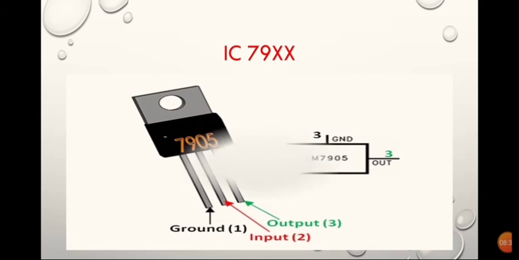This figure shows the IC configuration. It is exactly similar to the previous one. This is in a compact IC form. There are again three terminals. One is ground, the second one is input, and the third one is output. So there are three terminals that I am going to revise here: input, ground, and output.